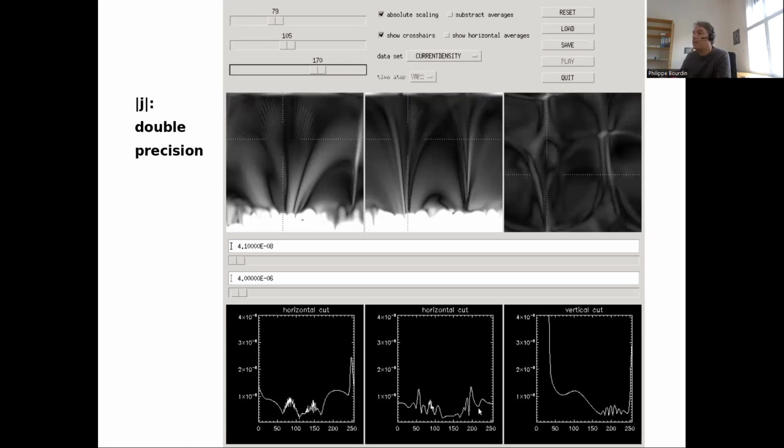And the important point is, if you take the coronal heating, you take J squared, right? So you have a quantity with some error and you square it. That means the error does not cancel out. And that is an important point. Since then, we of course switched to double precision only, because otherwise our coronal heating would be artificial.